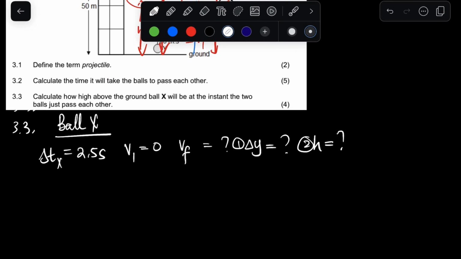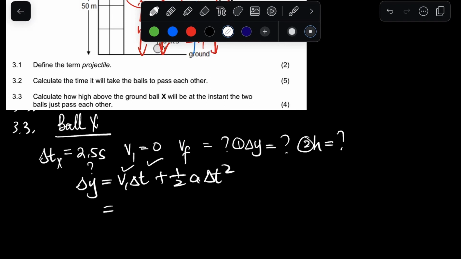We will use the equation that says change in y equals vi change in t plus half a t squared. Let's see how we're going to use it. We are looking for this. We have the initial velocity 0, we have time, we have acceleration. So that's a suitable equation there.